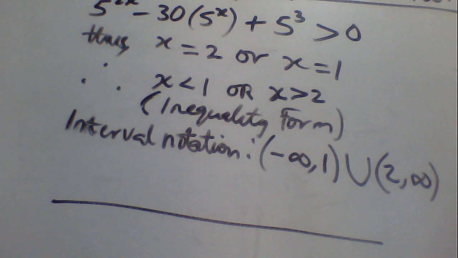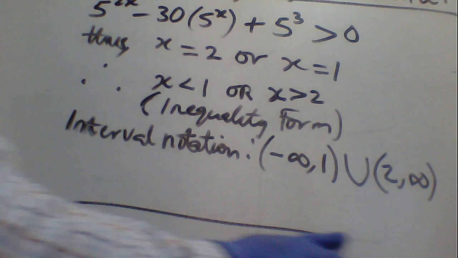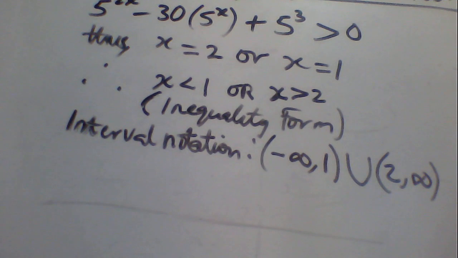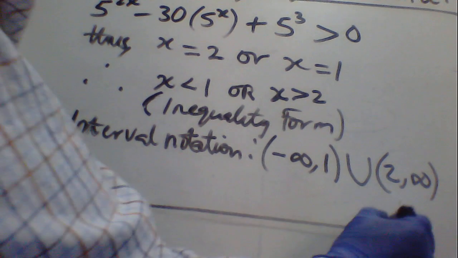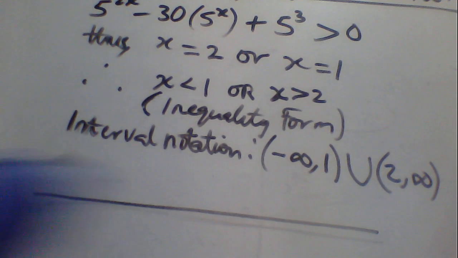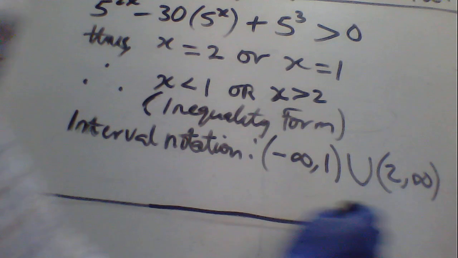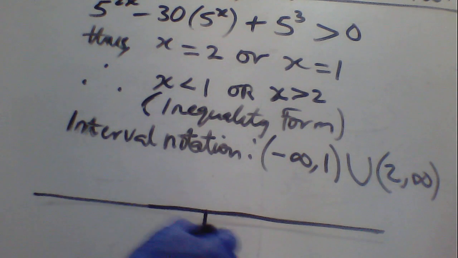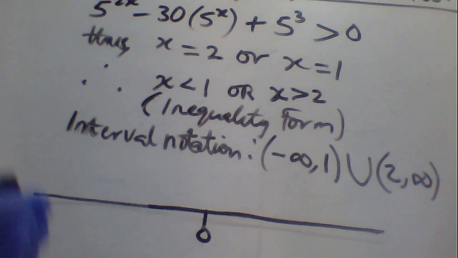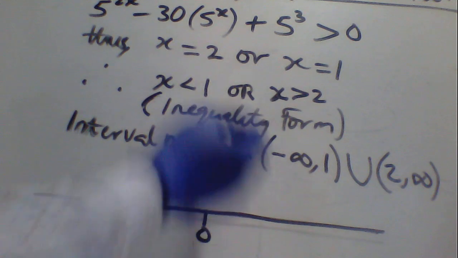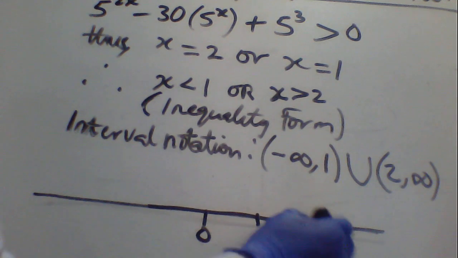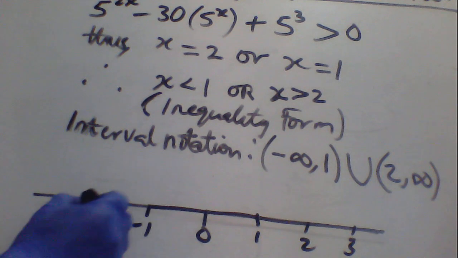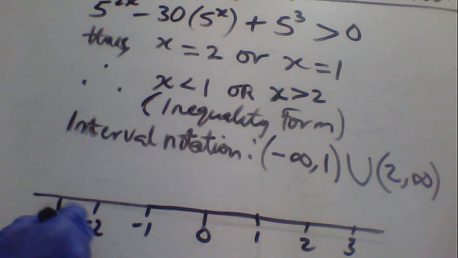Draw a line. This is supposed to be a horizontal line. Then you choose points, starting from 0. Once you have written 0, the next thing you should write is the numbers. Here is 1, here is 2, here is 3, and here minus 1, minus 2, minus 3.